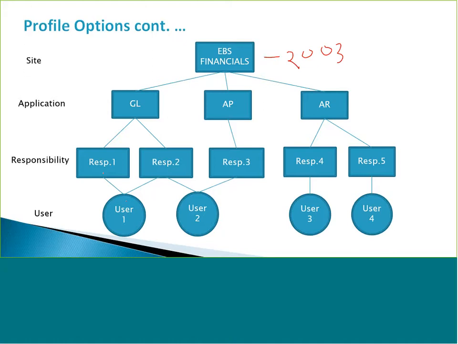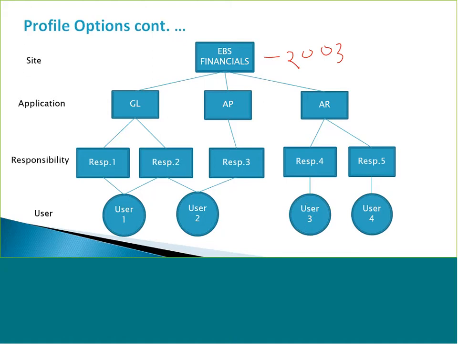So actually, let's use this user first, who is assigned to only one responsibility, okay? So let's use user 3. So once user 3 logs in, Oracle is going to check at the user level and see that for the profile option Excel version, it's actually called default desktop view, I believe, the actual profile, but let's call it the Excel version. So for the profile option Excel version, nothing has been defined for user 3. Okay, so it's going to leave the user level and it's going to go to the responsibility level.